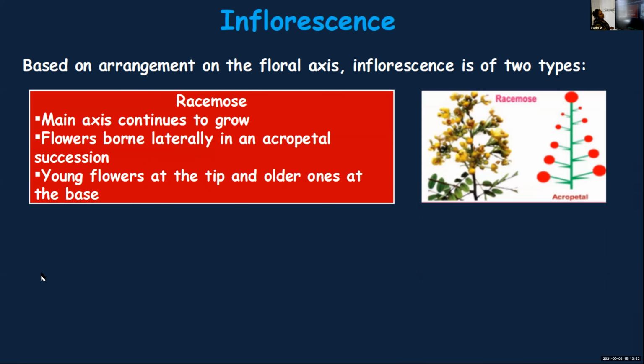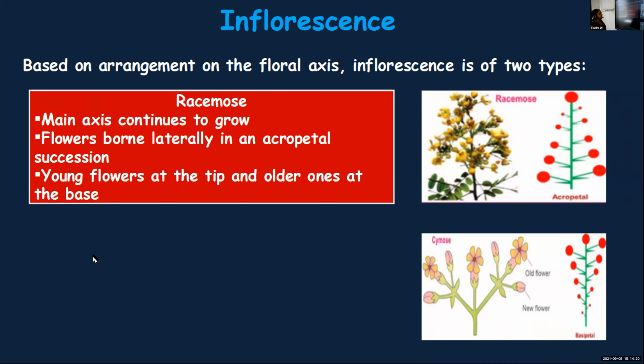You can see at the base, bigger flowers or older flowers will be present, and at the tip you will find younger flowers. So younger flowers at the tip, older flowers at the base. Such an arrangement is known as acropetal succession. Flowers are arranged laterally in an acropetal succession, and the main axis will continue to grow because younger flowers are at the tip, they'll continue to grow.